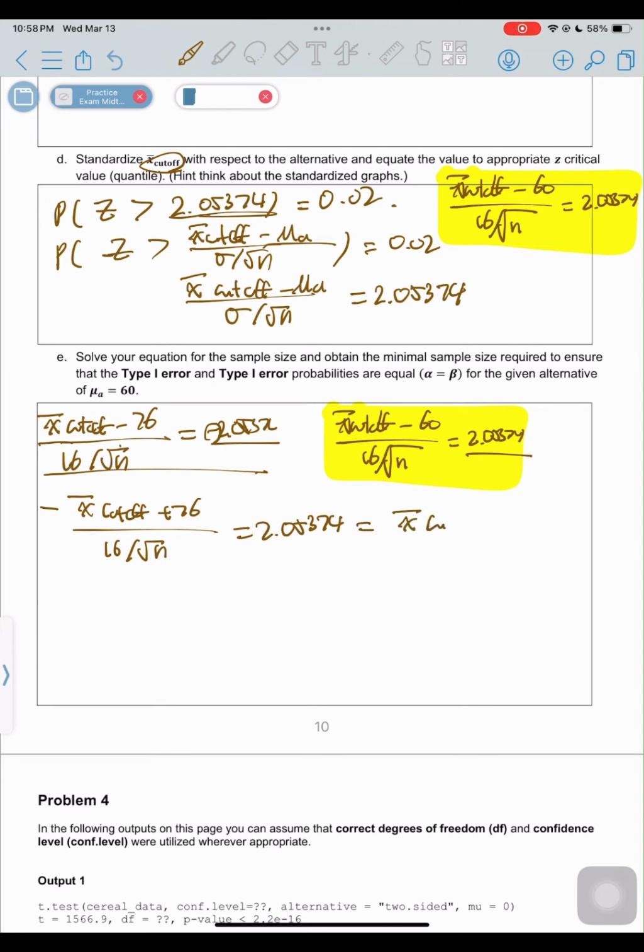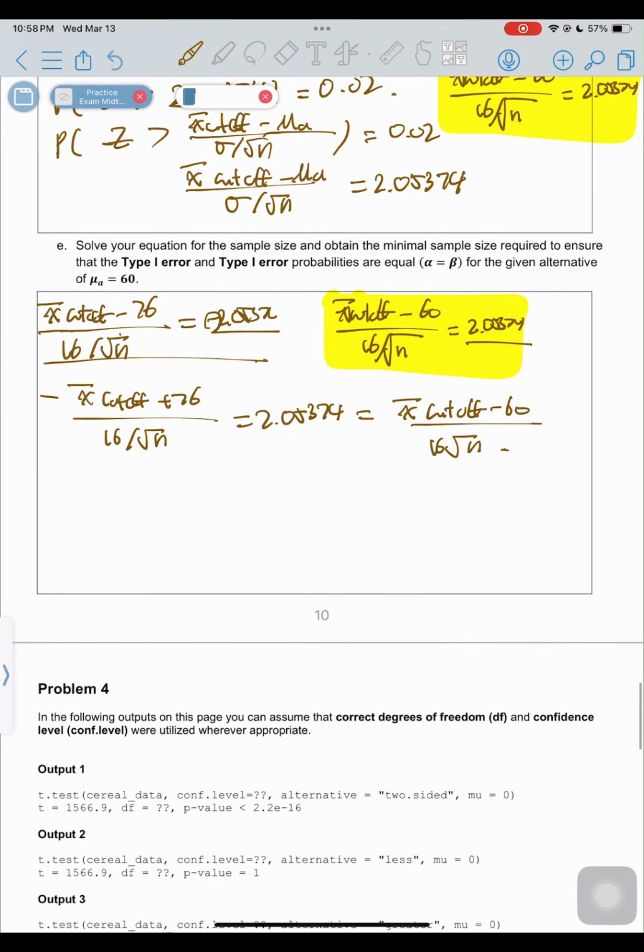That is equal to x bar cutoff minus 60 over 16 square root of n. Right, hold on. Okay, so alpha is equal to beta for the given alternative of mu a.